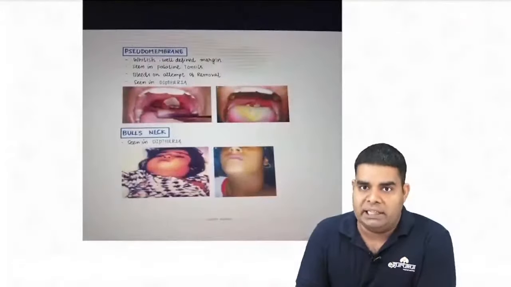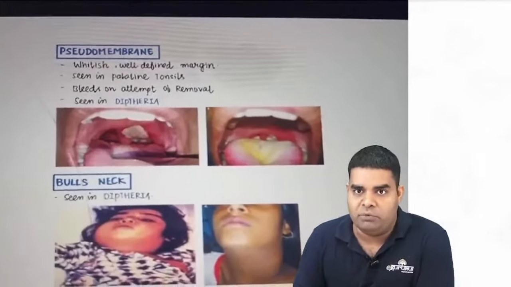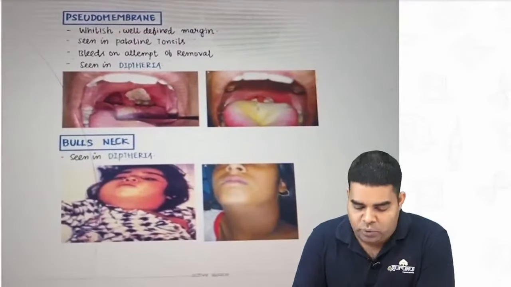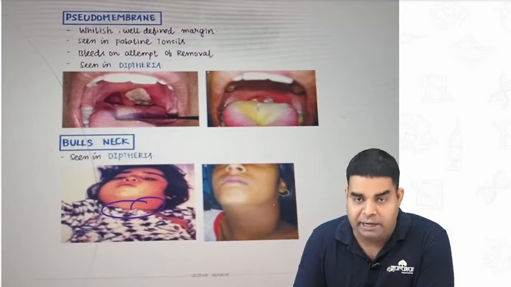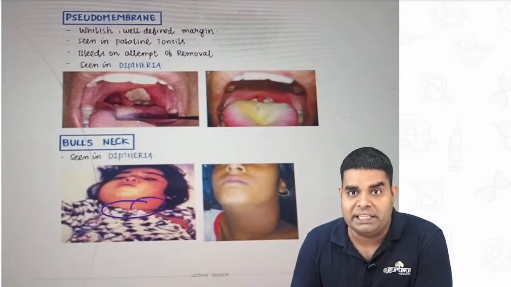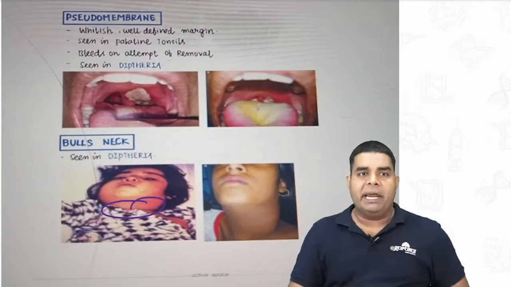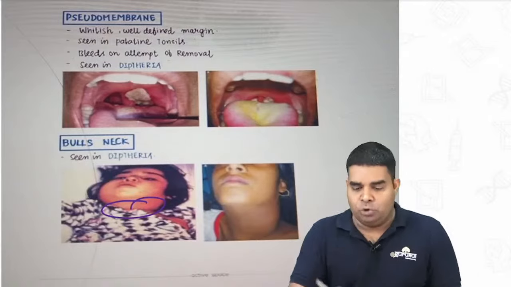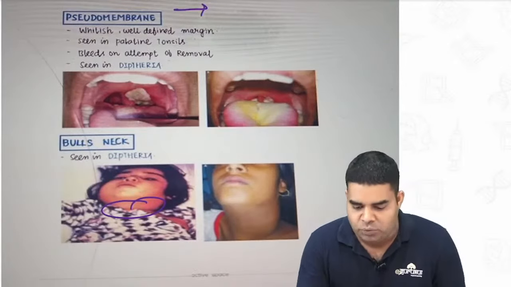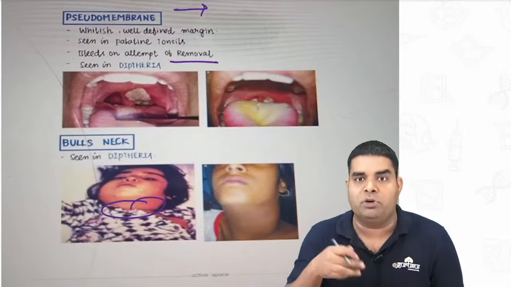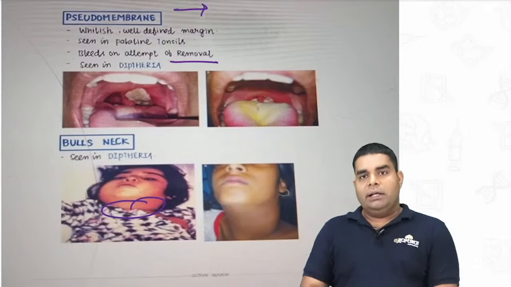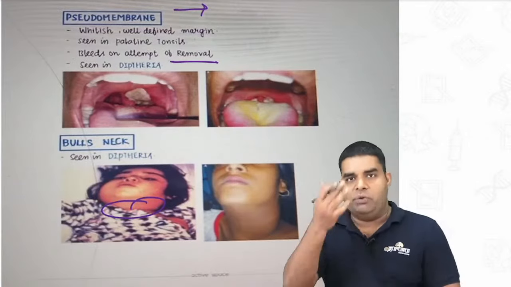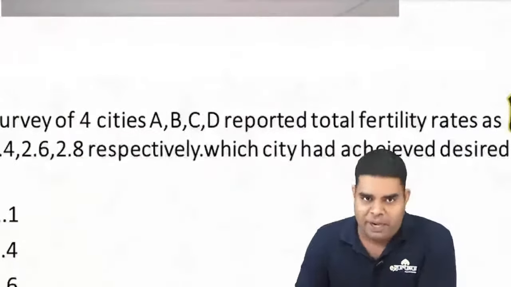One is the bull's neck, again a photo from the notes: there will be swelling in the neck, bull's neck, in diphtheria. And of course there will be a pseudomembrane on the palatine tonsils, whitish, and it bleeds on attempt of removal. These are the characteristics of diphtheria, which was also asked in the question.